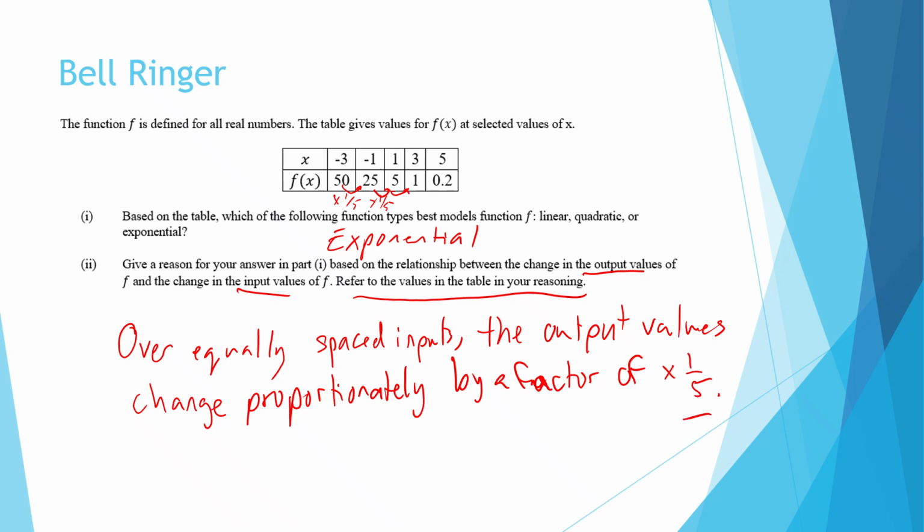So I want to see over equally spaced inputs. I want to see how the output values change proportionately, and then I want to see by a factor of 1/5. Those are the three things I will be looking for in your answer on a potential test or quiz.